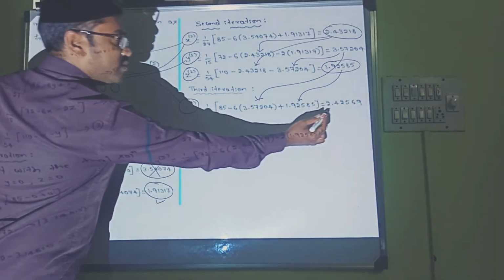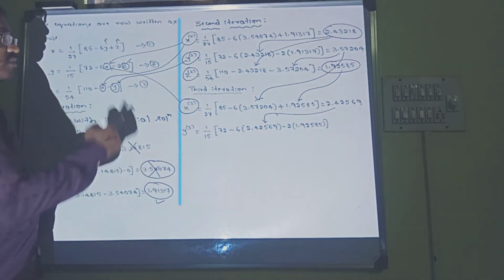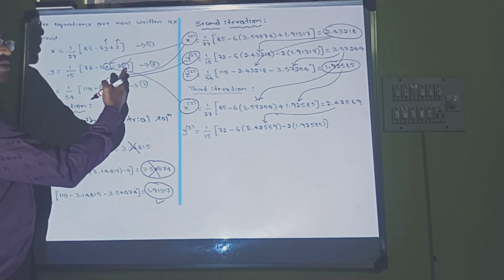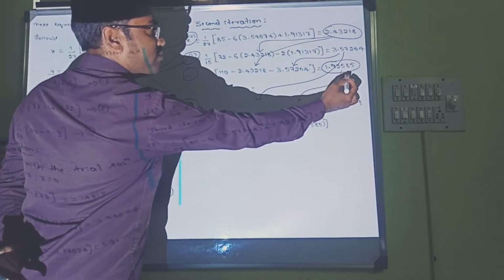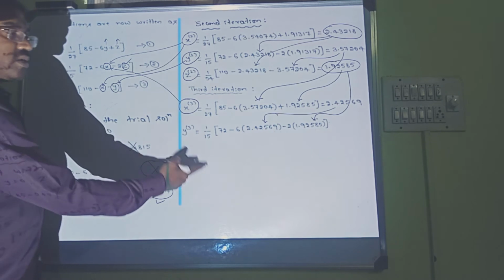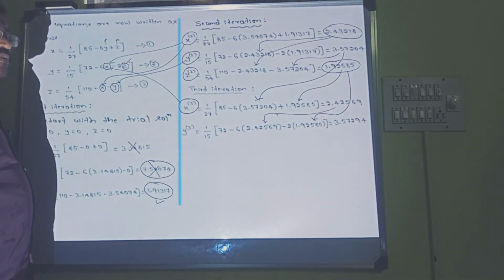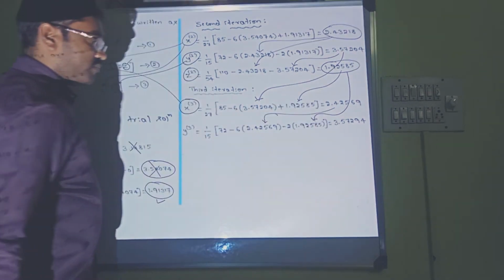Which x? This x, we will take the just improved value of x. Then minus 2 into z. Where is z? Here, the previous z. Because we have not yet improved z, we will take the previous z here. Simplify, we got the new value of y.